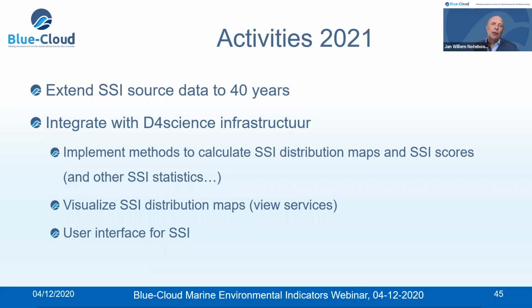We will further integrate the methods to calculate the distribution maps and SSI score, as well as perhaps other SSI statistics, and also the view services and the user interface with all its controls in this D4Science infrastructure, or the Blue Cloud infrastructure, as you wish to call it. So those are basically the activities for next year.